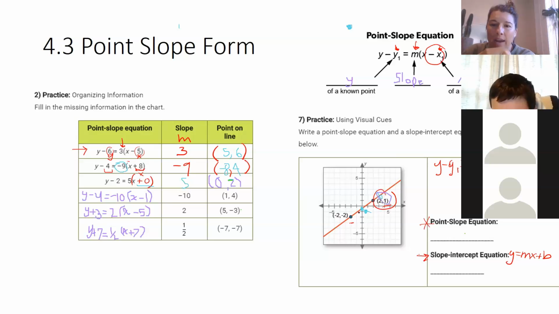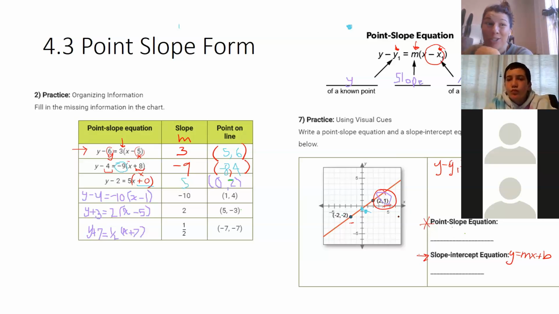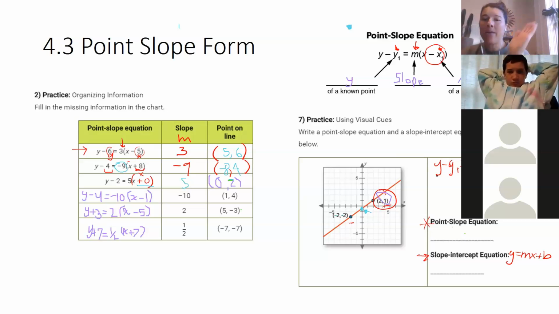I like that one. Why did you guys go to that one? 2, 1. It's easier because it's not negatives. It's a positive. Good. There's no negatives. So if at all you can avoid using negatives, do it. So if -2, -2 was the only coordinate pair given to us, we would have to use that, right? Okay. But yay, we have options.